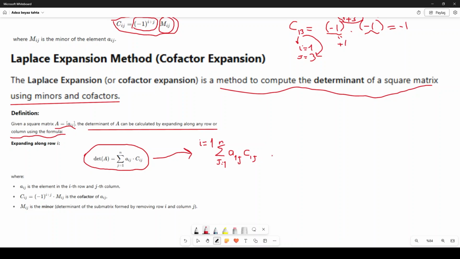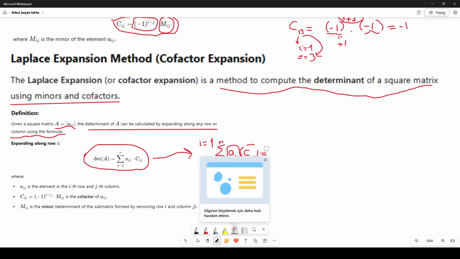And when we know the size of the matrix, then we just put the value of n as it is. If we have a 3 by 3 matrix, then n is equal to 3. Okay, then this means we actually multiply the entry in that matrix with its corresponding cofactor. And that's how we expand along row i, right? So if we write this formula, okay, and let me put it that way, right?